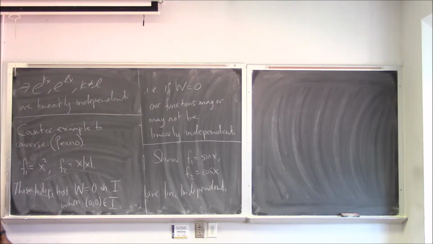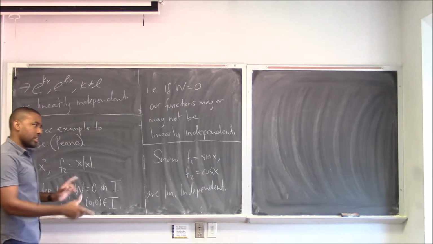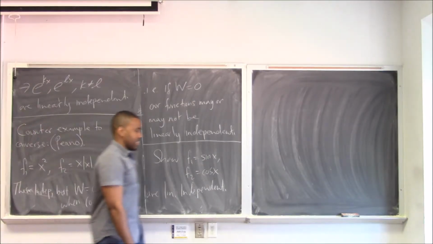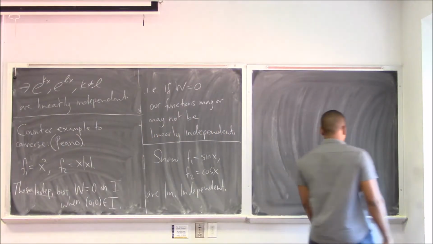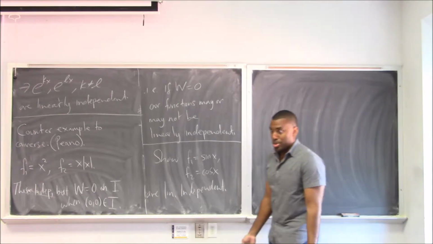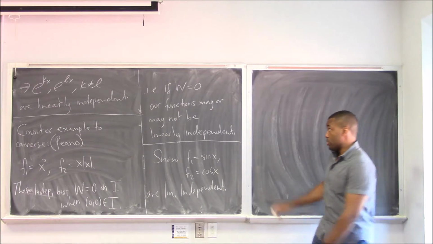And you might take the risk of saying, just write that as 0 times sine plus 0 times cosine and equate coefficients, but that's kind of iffy. Is there a trig identity that relates these two that I'm not remembering? You don't want to have to worry about that. So one way is to compute the Wronskian. If the Wronskian is 0, you don't have any information, you have to do something else. But if it's not 0, we can definitely make a conclusion.